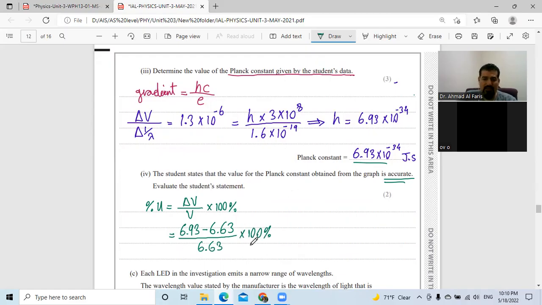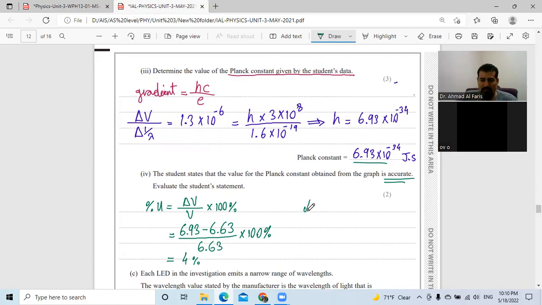Now tell me how much is the percentage uncertainty for this answer? 6.9, okay, it's 4%.